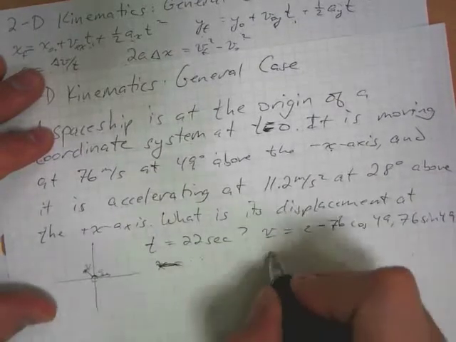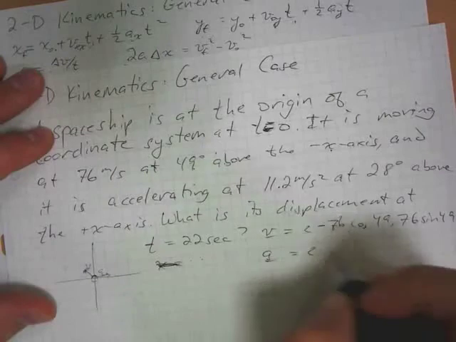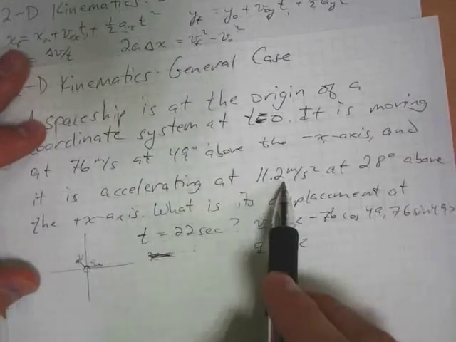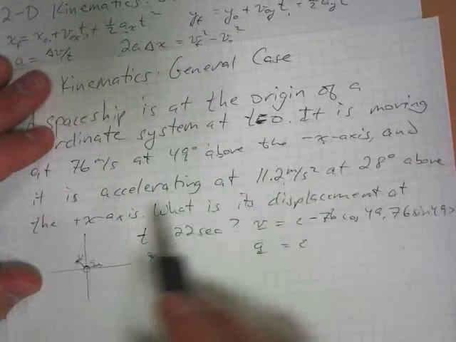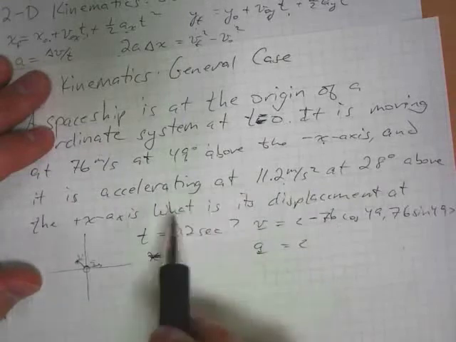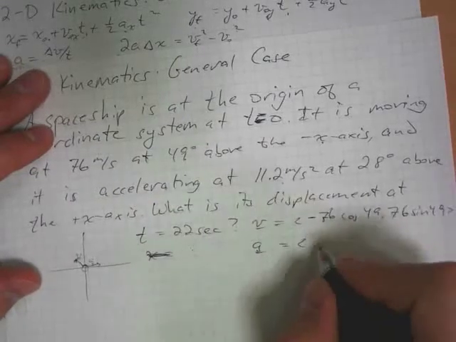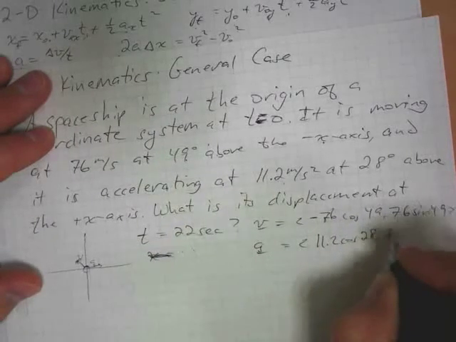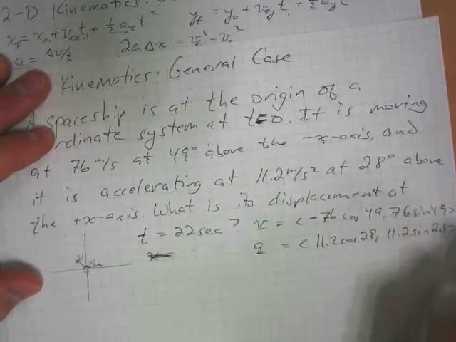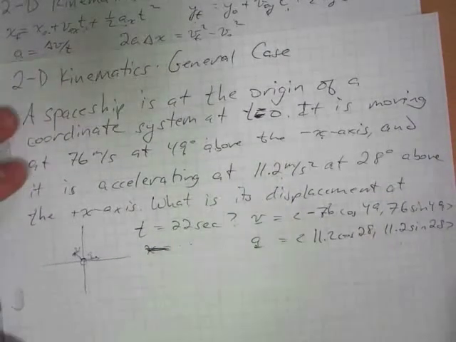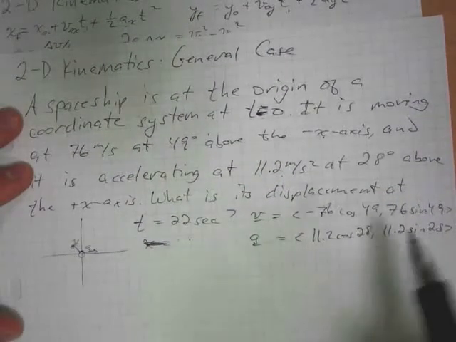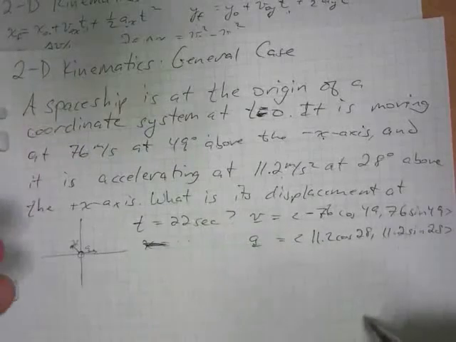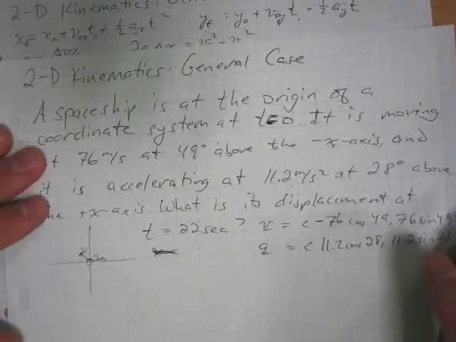Our acceleration vector is at 11.2 meters per second squared at 28 degrees above the plus x-axis, so that's a positive 11.2 cosine 28 and a positive 11.2 sine 28. Now, you can write this out as two equations, or you could write this out in vector form. I'll write it out in two equations because I think it's simpler to see what's going on there.